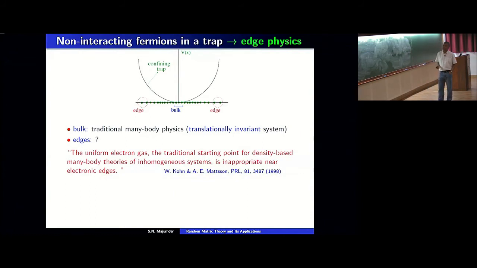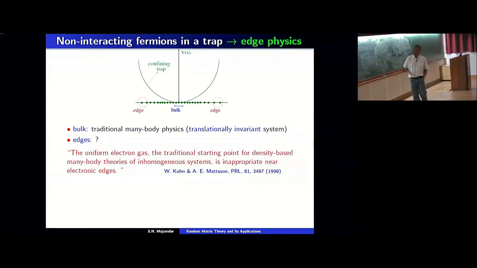He said that the uniform electron gas, the traditional starting point for density-based many-body theories of inhomogeneous systems, is inappropriate near the electronic edges. You cannot apply the traditional many-body theory of translationally invariant systems out here, because of the trap. There are non-trivial correlations and fluctuations which appear at the edges. So how do we describe these edges?